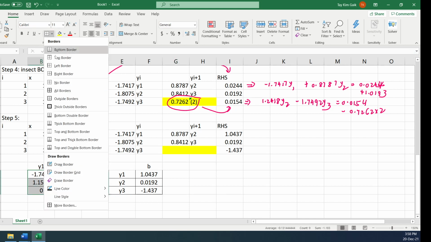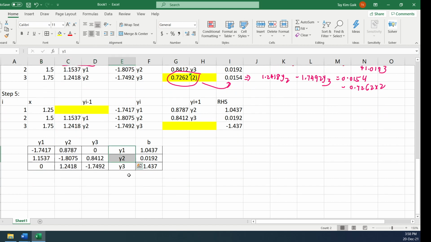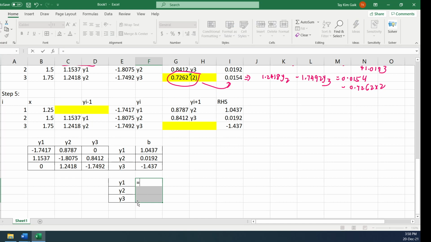You can quickly use your scientific calculator, or you can use Excel. You can also use the inverse matrix method to obtain the solution, where your y1, y2, y3 is a vector, so select the vector. You can use MMULT, multiply the inverse, MINVERSE, inverse of your matrix A here, comma, multiply with vector B, Control Shift Enter. So this is y1, y2, y3.